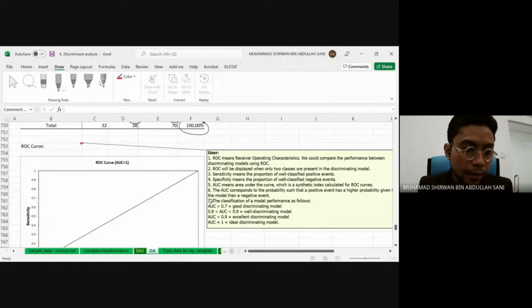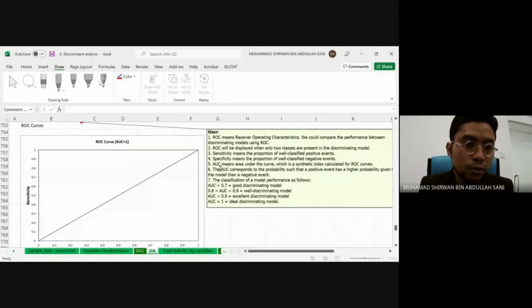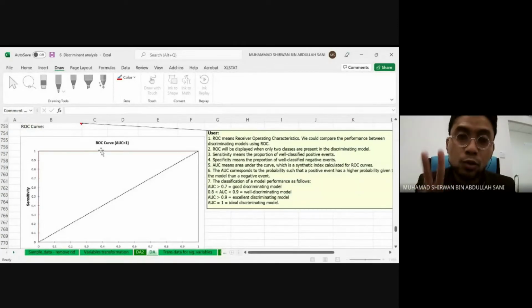Yeah. And then you will also see a ROC curve. So ROC curve means receiver operating characteristic. This plotting only appears if you want to differentiate two samples only or two classes only. If more, the ROC curve will not appear. Perhaps this is the previous developer of this multivariate data analysis.